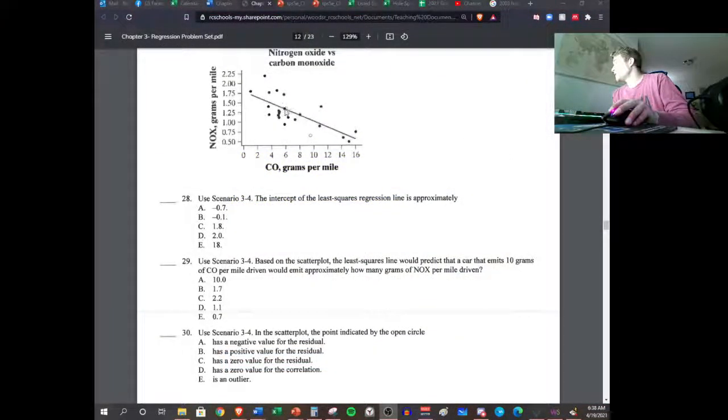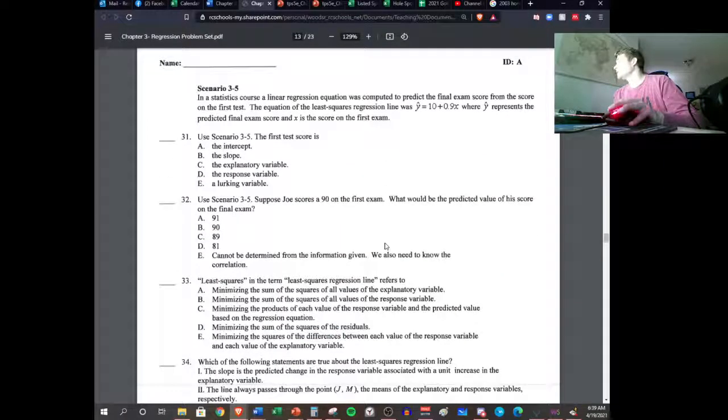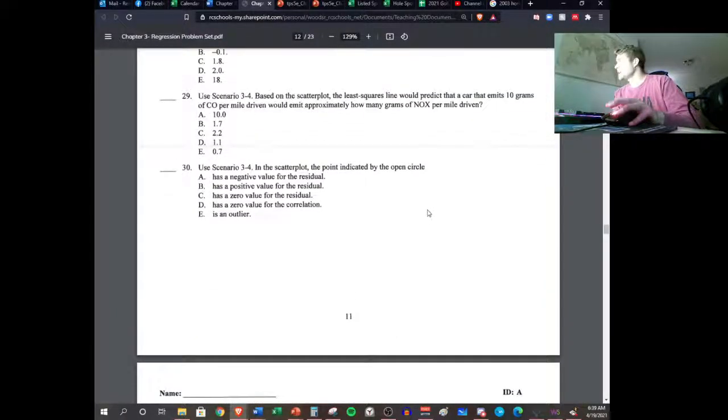So like for instance, this one here would be pretty much a 0 residual, okay? The ones above are going to be positive residuals, the ones below are negative residuals, okay? Not necessarily an outlier, it's falling within that pattern overall of the total data. If all the rest of the data was tighter around that line, it could be an outlier, but it seems okay for this. All right, we're going to stop there.